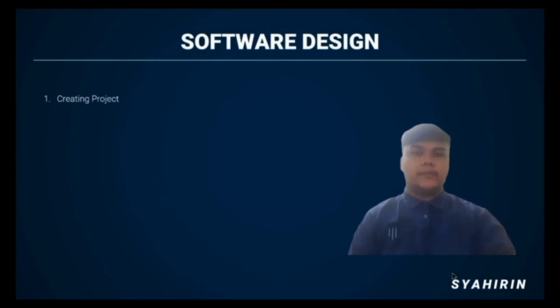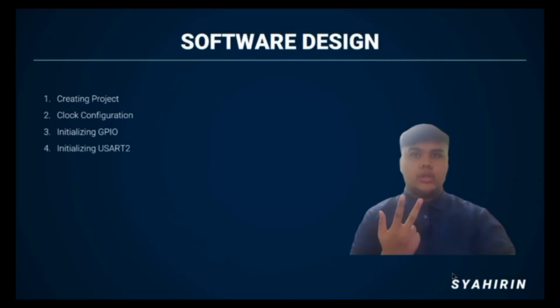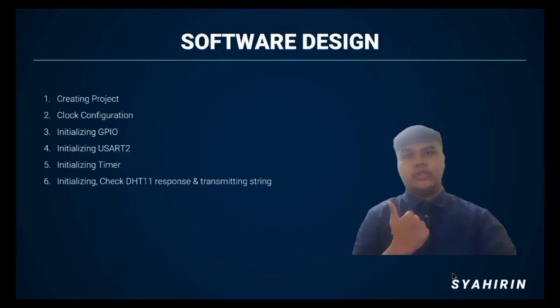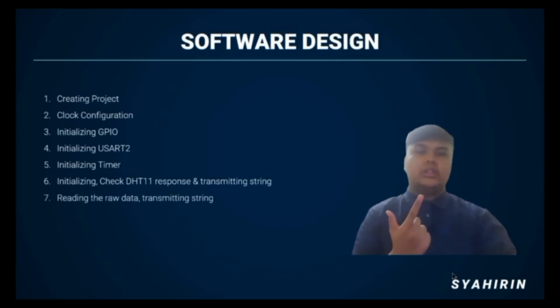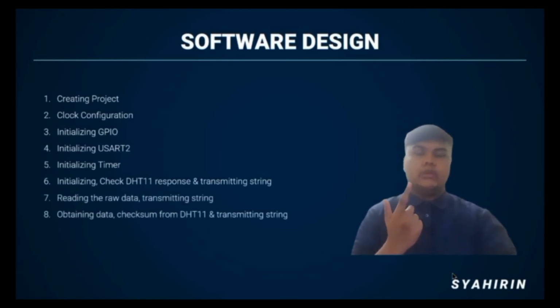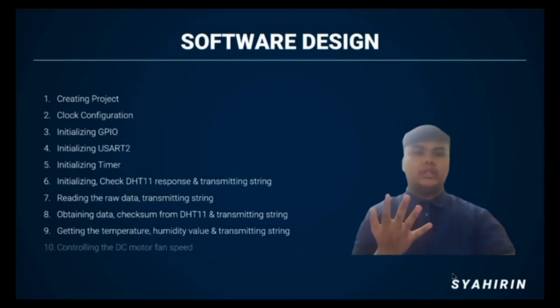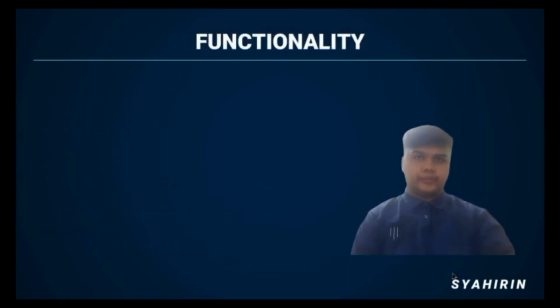The tasks are creating project, clock configuration, initializing GPIO, initializing USART2, initializing timer, initializing check DHT11 response and transmits, reading the raw data and transmits, obtaining data and checksum of DHT11 then transmits, getting the temperature, humidity and transmits, and finally controlling the DC motor fan speed.